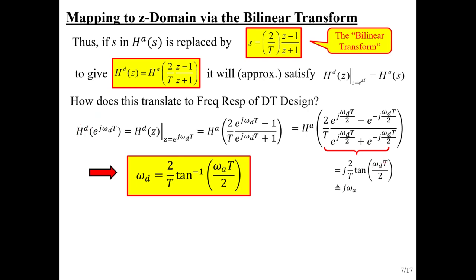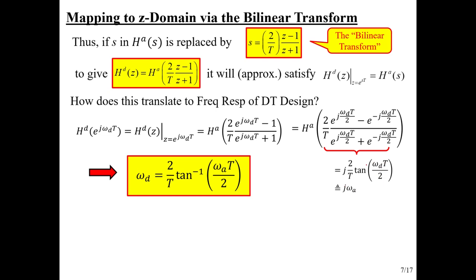This is mapping omega d to omega sub a. We want to know, how does our reality map to our quote unquote scale model? So here's our thing that we're trying to model, and then here is the frequency in our model.